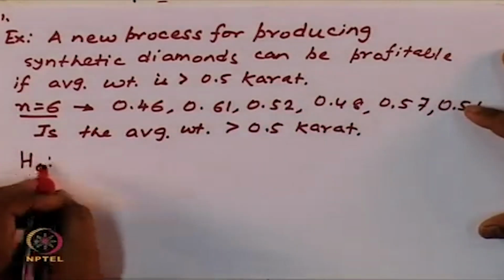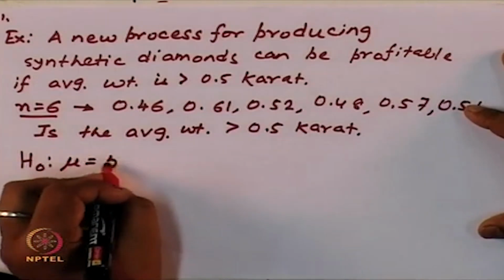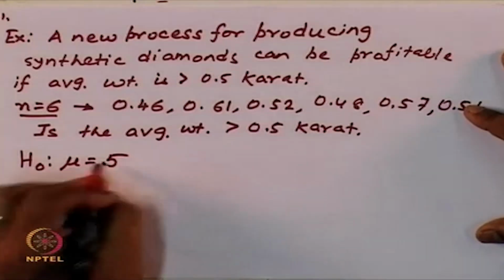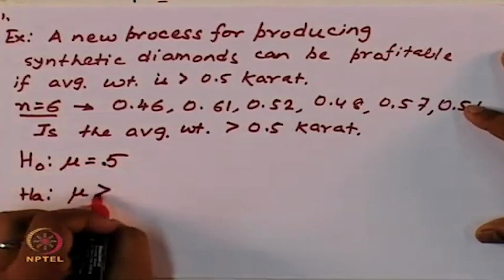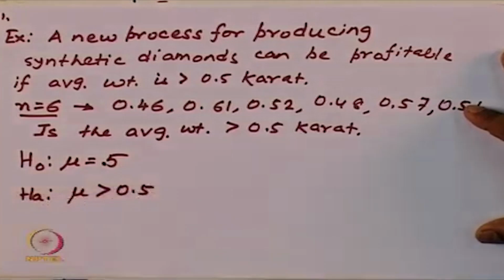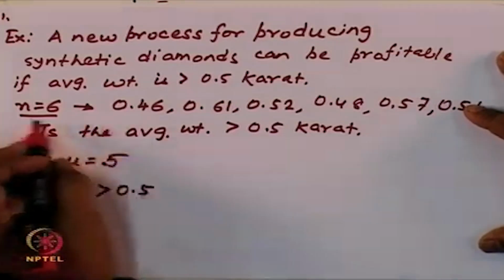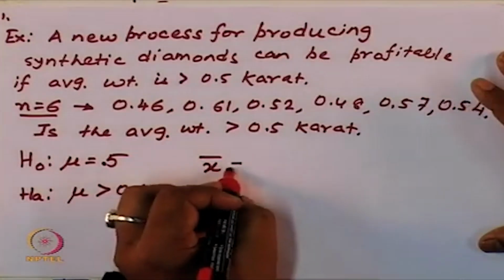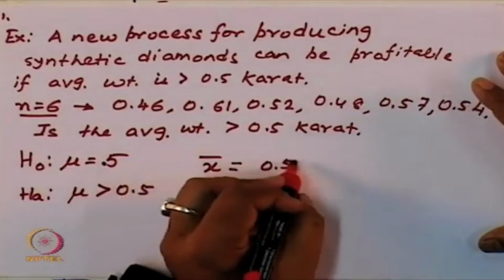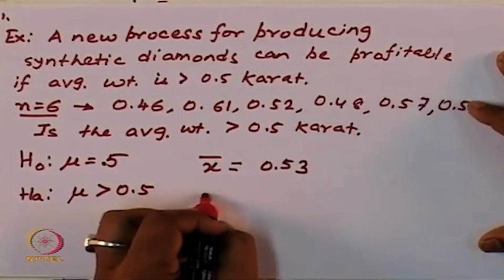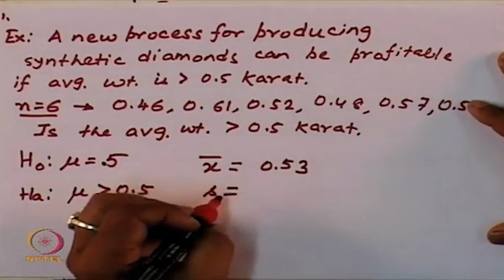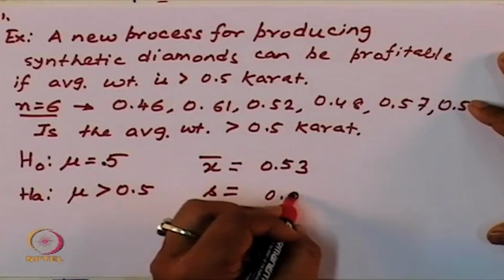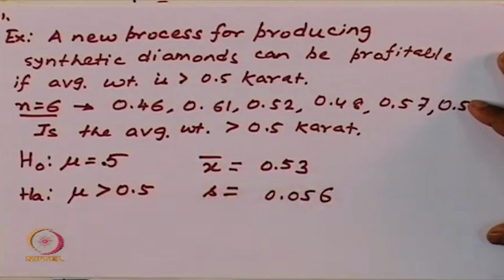You begin with your null hypothesis, which is mu equal to 0.5. Your alternate hypothesis is mu greater than 0.5. For these values I can calculate x bar to be 0.53 and I can calculate the standard deviation, which will turn out to be 0.056.